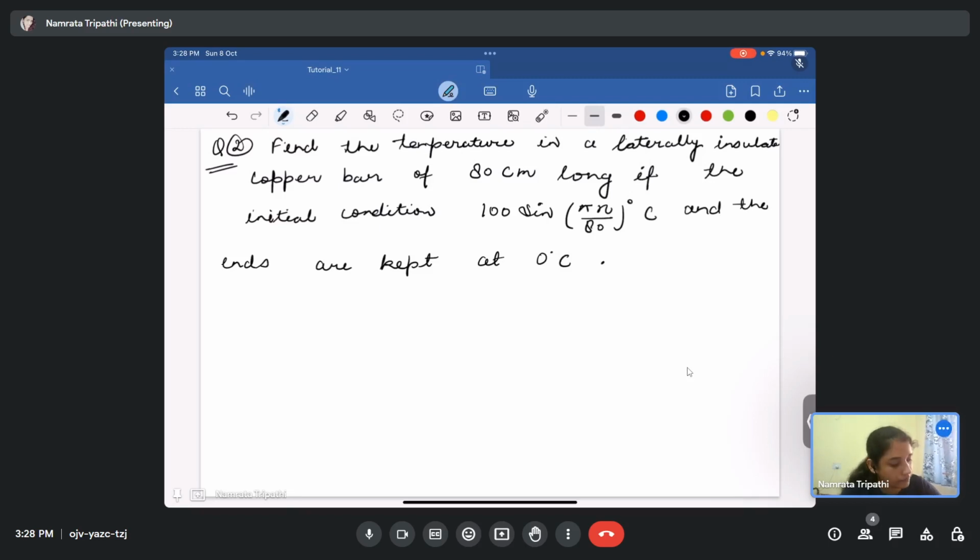Now please write the heat equation with initial condition and boundary condition and tell me the expression.